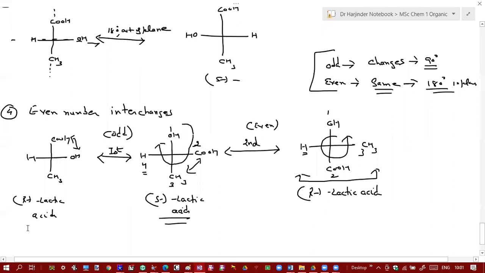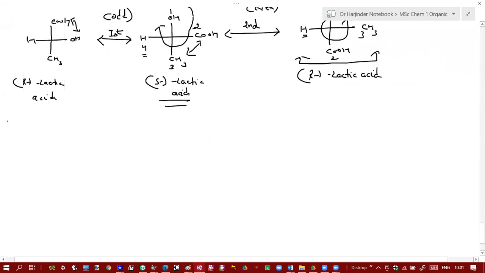And the most important point that you have to remember throughout is: Fisher projection is always in which conformation? Eclipsed conformation.